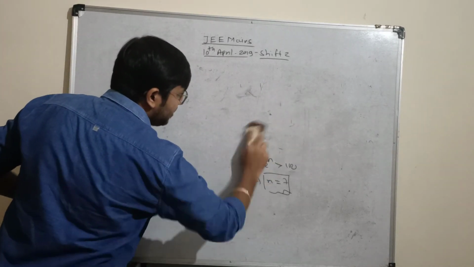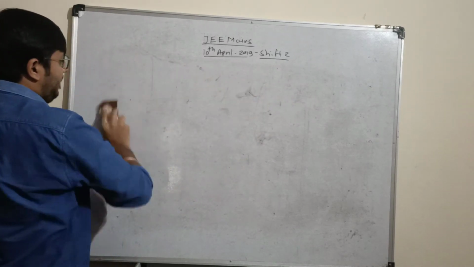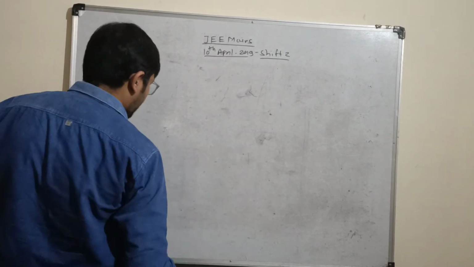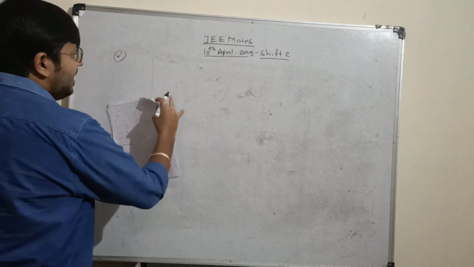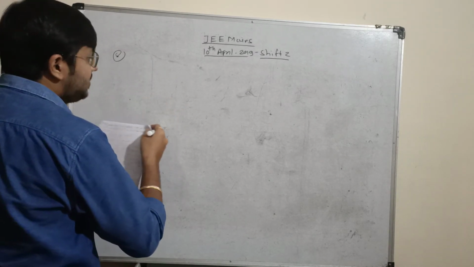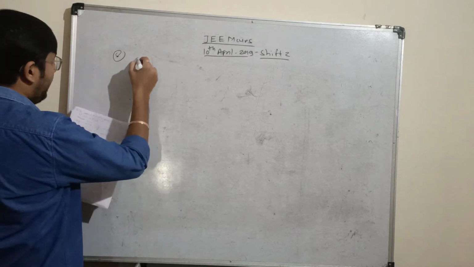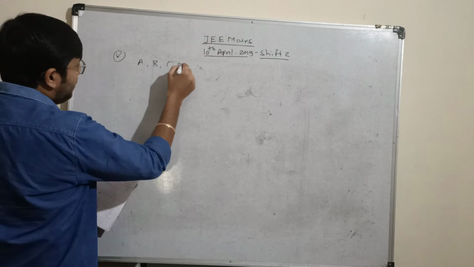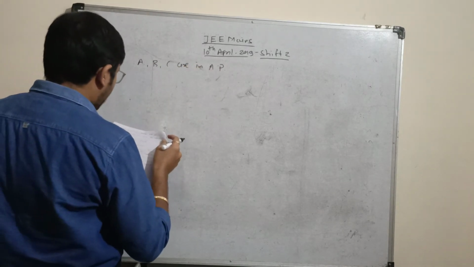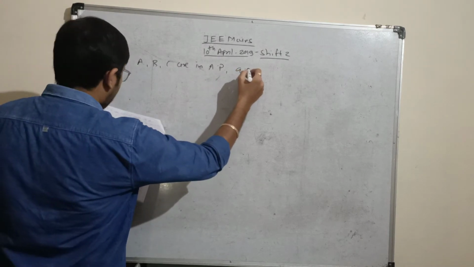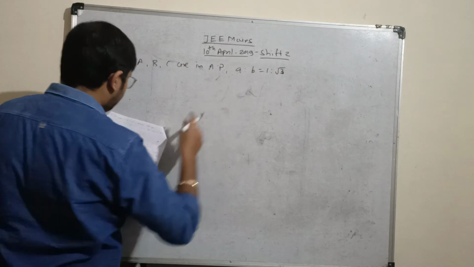Okay, so in the next question we have, for triangle ABC, angles A, B, C are in AP, given to us, and the ratio of the sides a is to b equals 1 is to root 3.